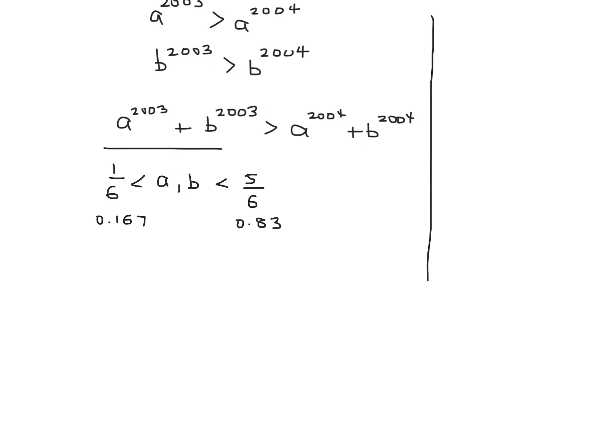We know that a is greater than 1.67 and it's less than 0.83. Okay? So we're pretty comfortable about that.